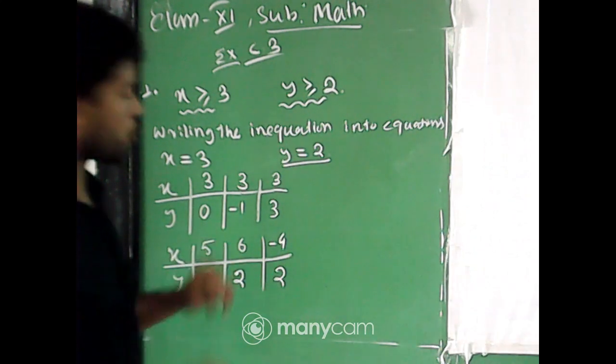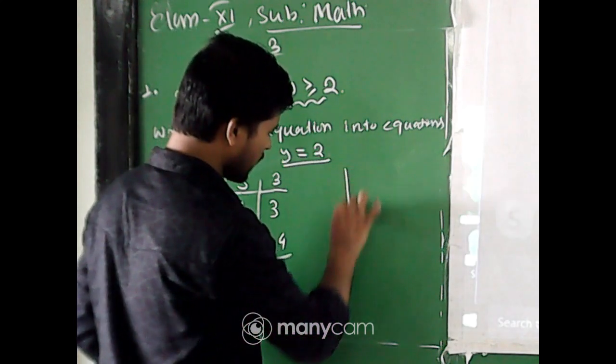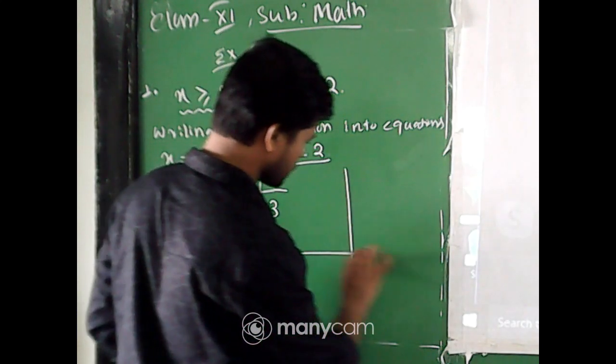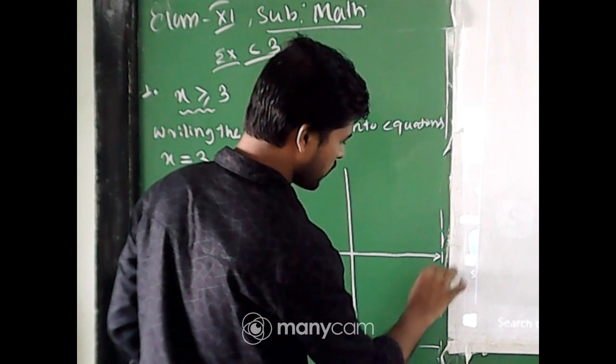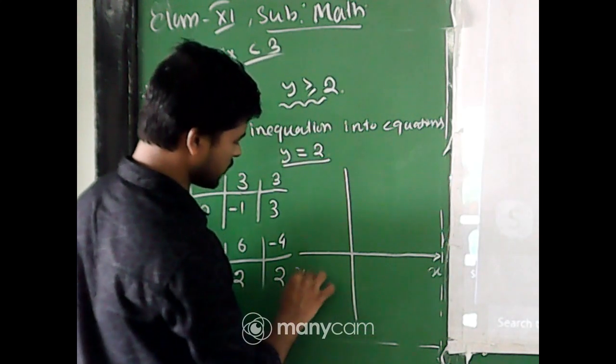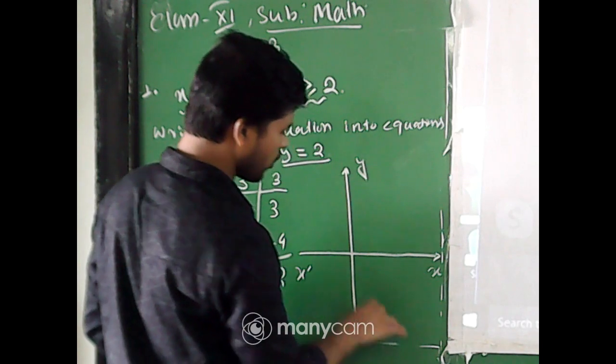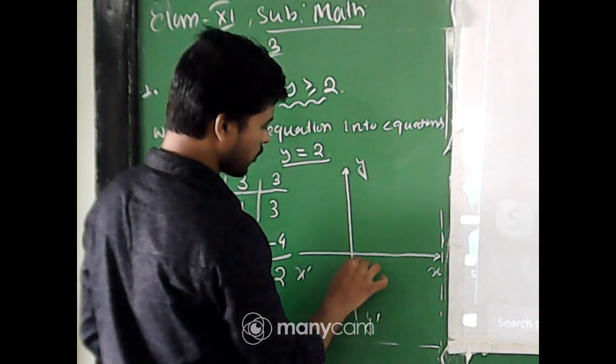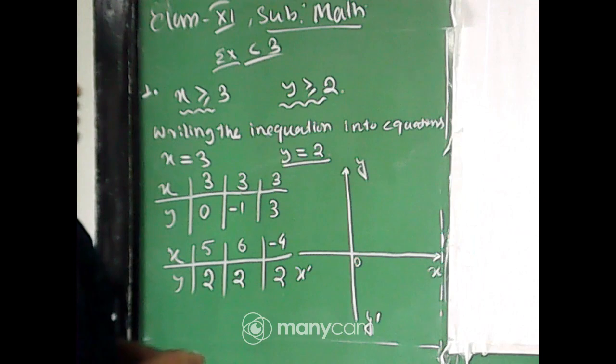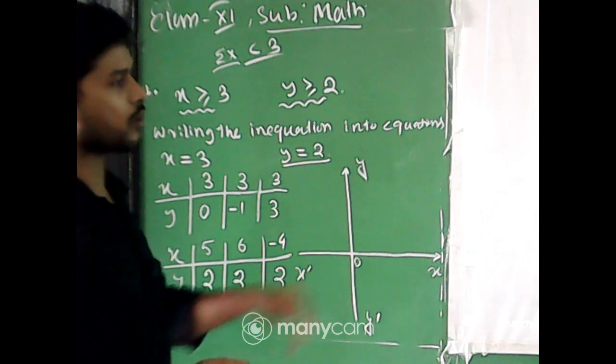Now we have to draw the graph. So let us consider a set of rectangular axes. We know this horizontal axis is called the x-axis, and this vertical axis is called the y-axis, and the point where the x-axis and y-axis intersect is called the origin.